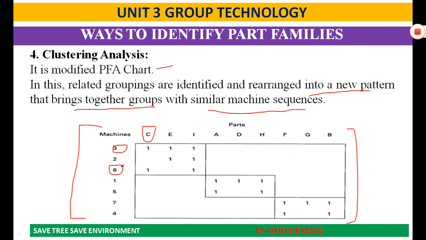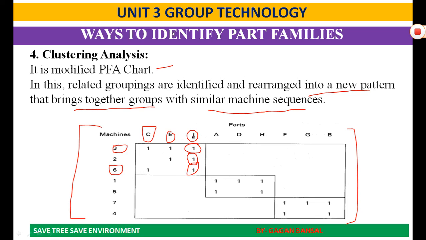So there are certain parts which have common machines that they are operating on. For example, part I is manufactured by 3 as well as 6, and similarly it takes another operation through machine 2, which is also used by part E. That means in clustering we identify which part is used by which machine, and we combine them together to make a modified PFA chart.